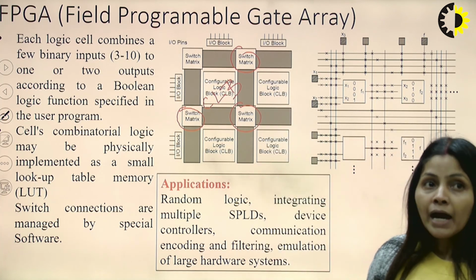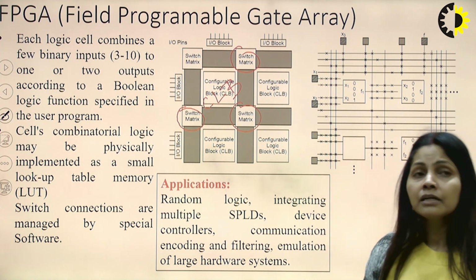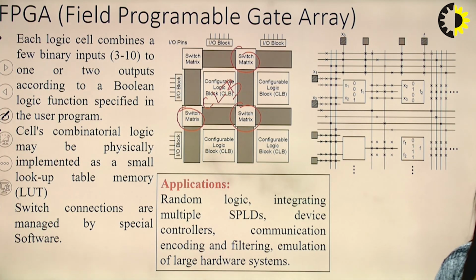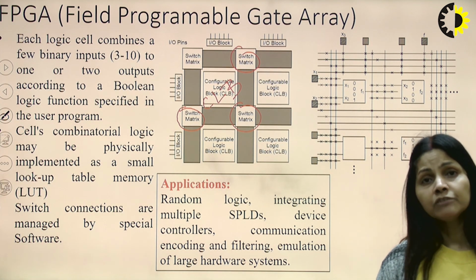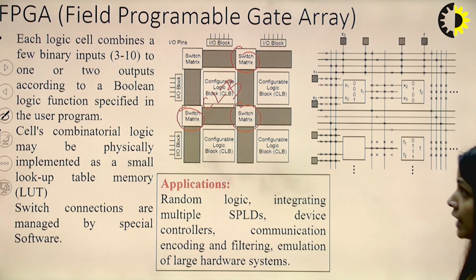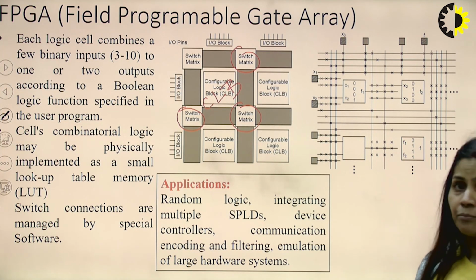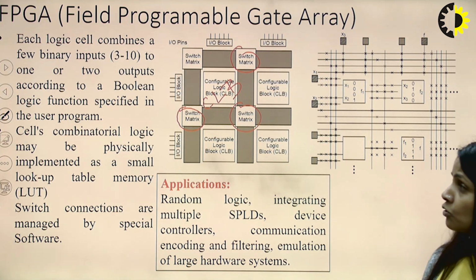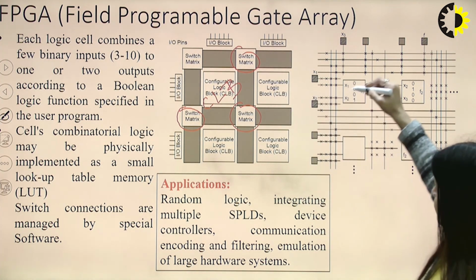Each CLB can have inputs from 3 to 10, and they can perform any specified Boolean expression. They can be connected, and all the CLBs within an FPGA are the same. The circuit for a defined function is here.